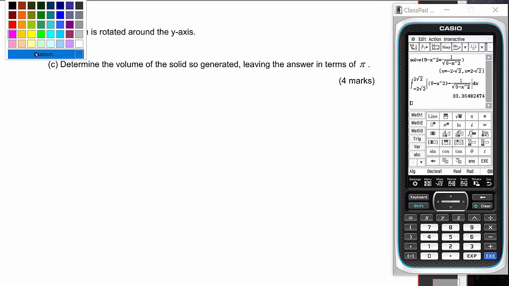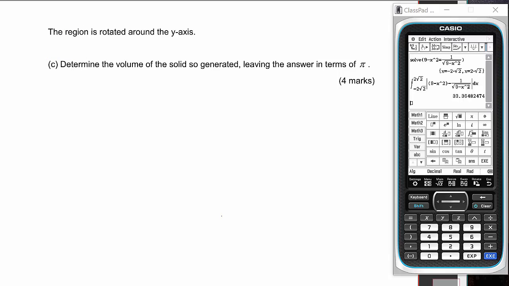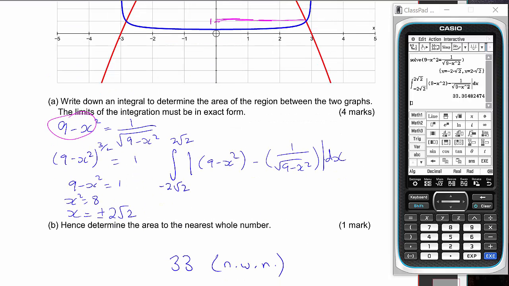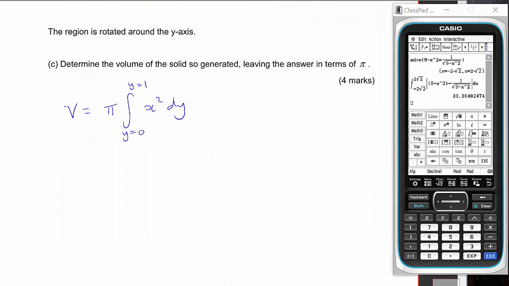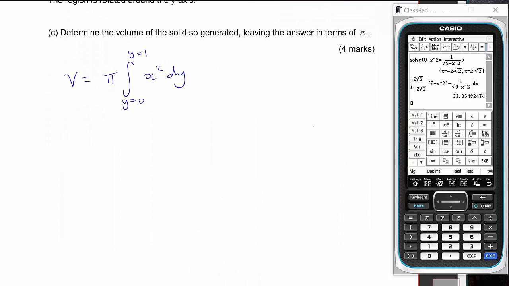So we are going to just add them together. So the volume is going to be pi times the integral of x squared dy from y equals 0 to y equals 1, and that one is for the blue curve, which is the square root.